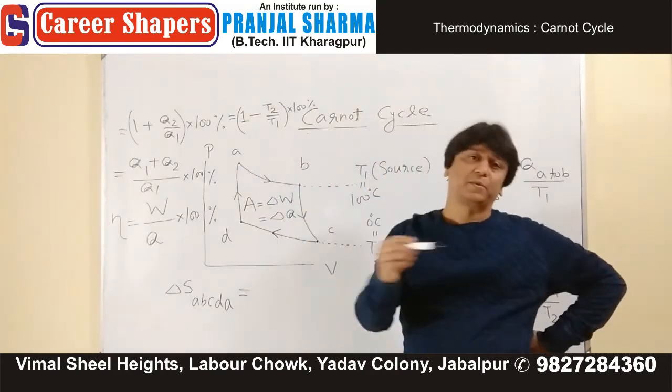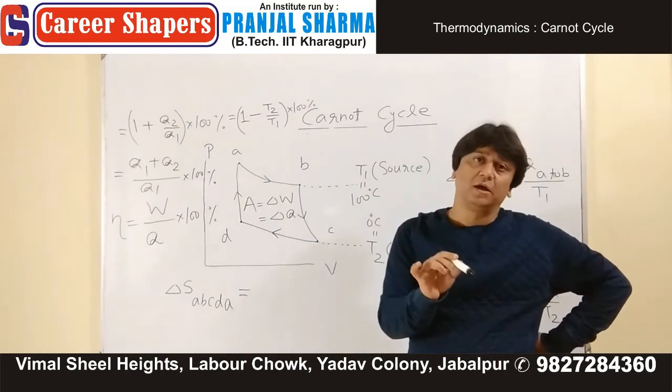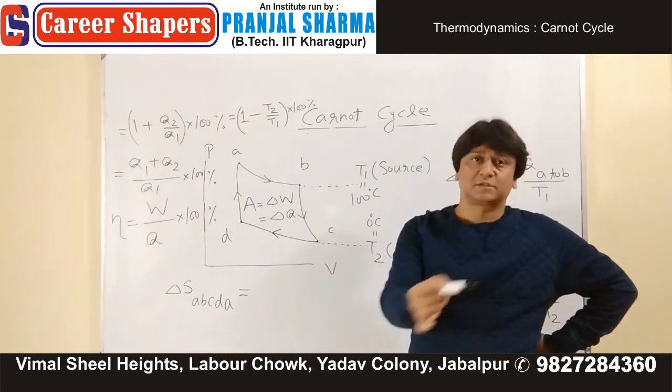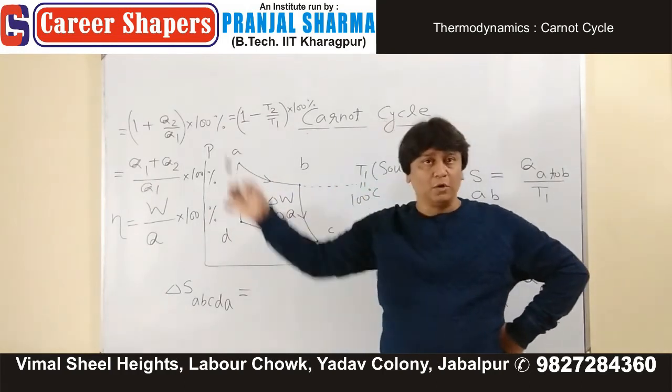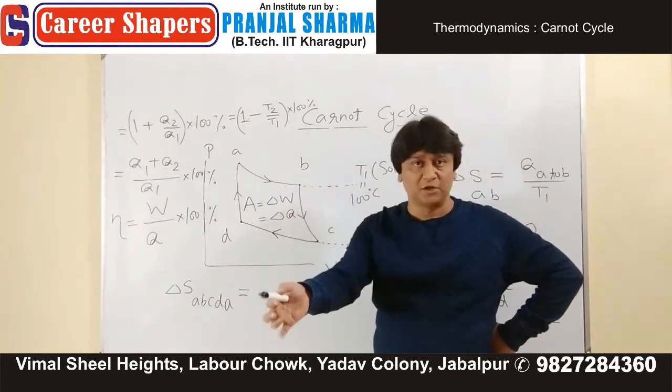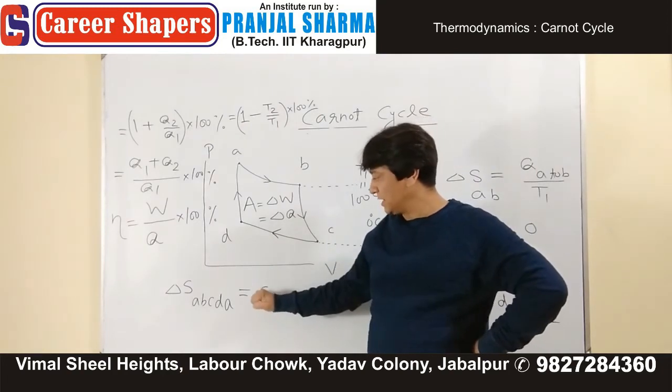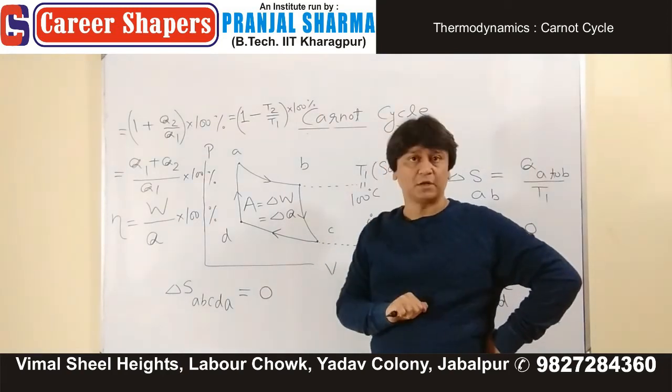That means whatever disorderness your sample had, you have brought the whole system back to the same stage. That means your delta S is what? 0 for the entire process.